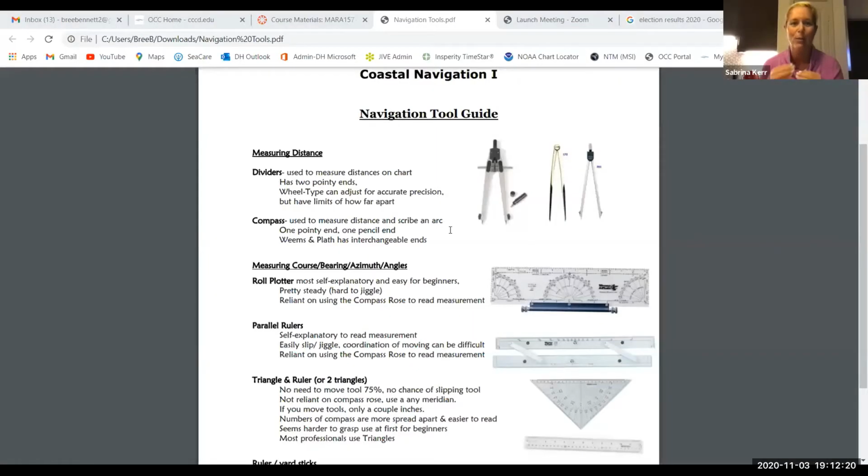Yes, so let me show you here. I have an idea of what they look like. We've used the rolling protractor in boat handling when we charted our courses. So I've seen them.